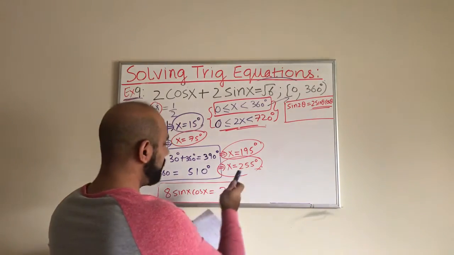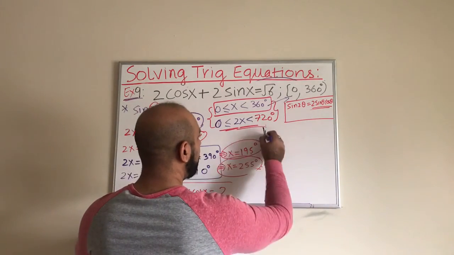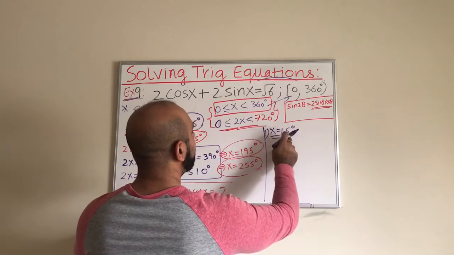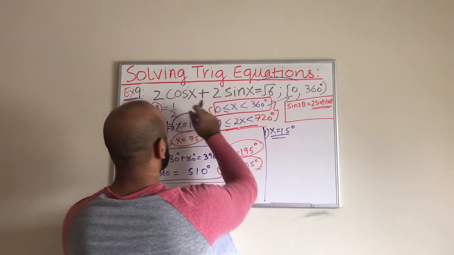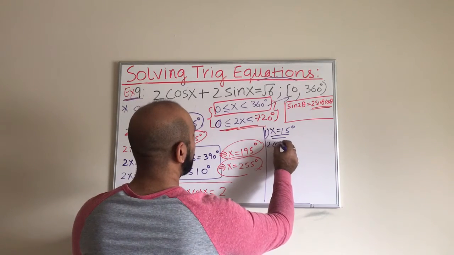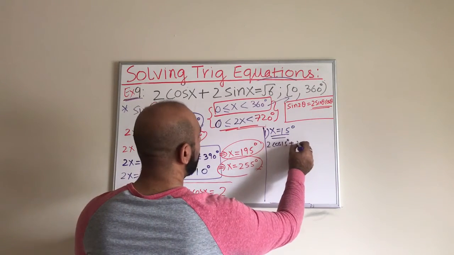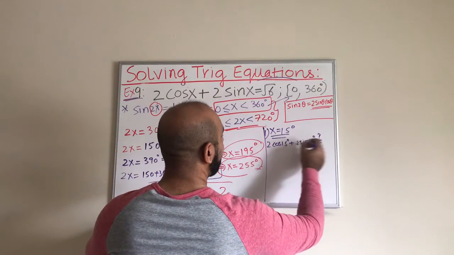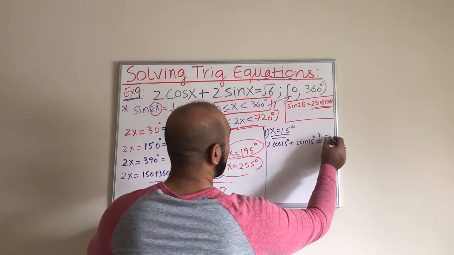First of all, I'm going to start with number 1. What is number 1? x is 15 degrees. So I substitute x equals 15 on the left hand side. So what do I have? I have 2 times cosine of 15 plus 2 times sine of 15, and we want to verify whether this left hand side equals the right hand side, which is radical 6.